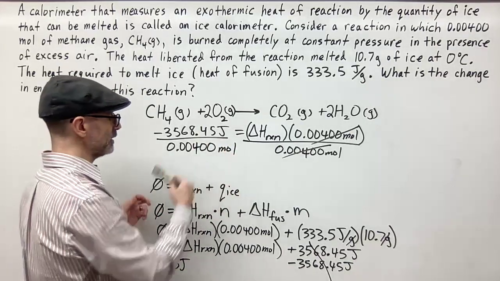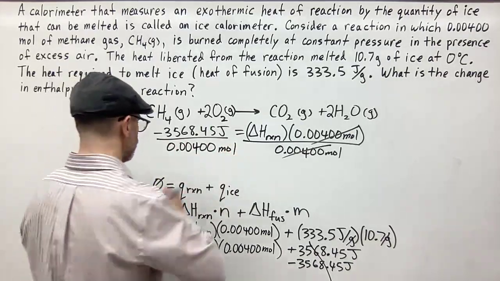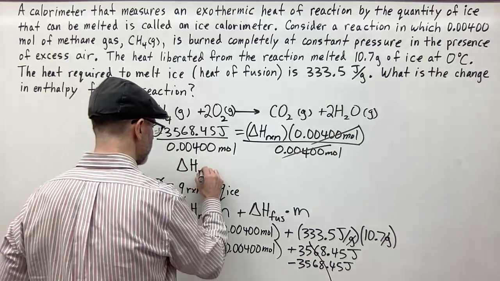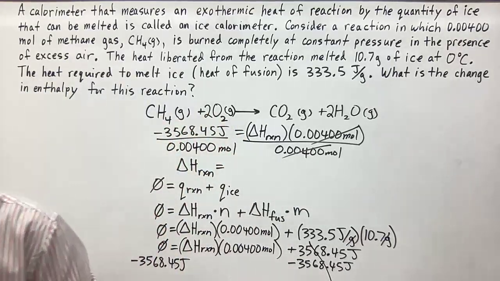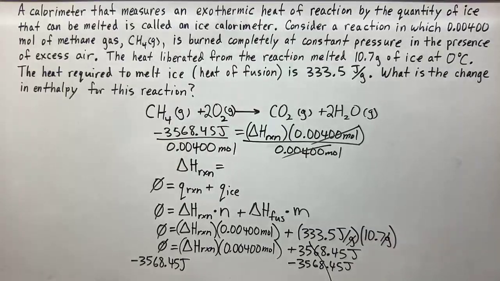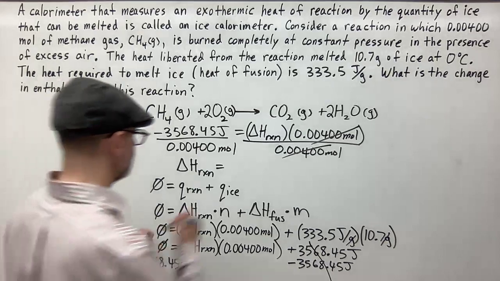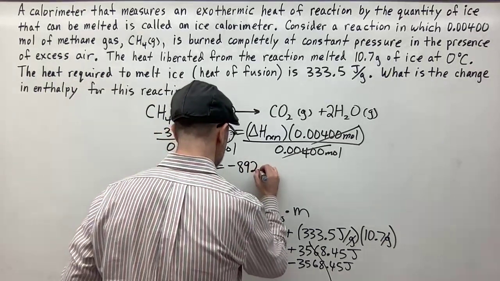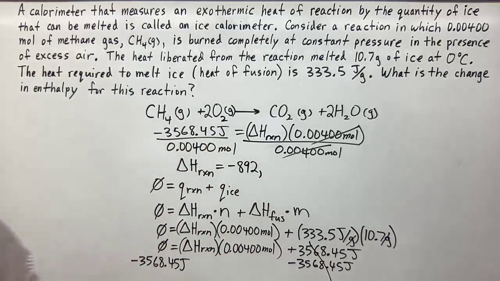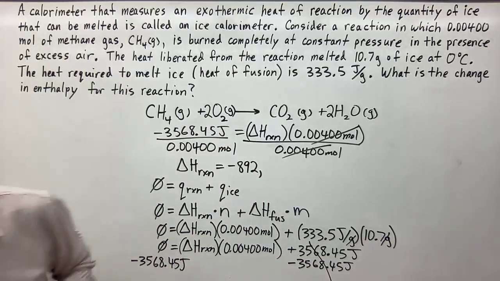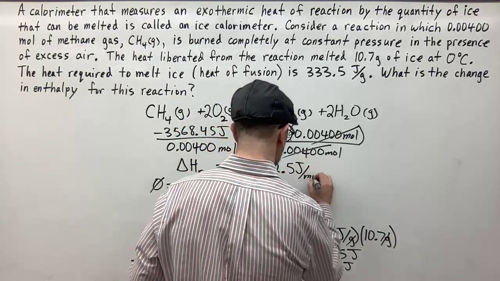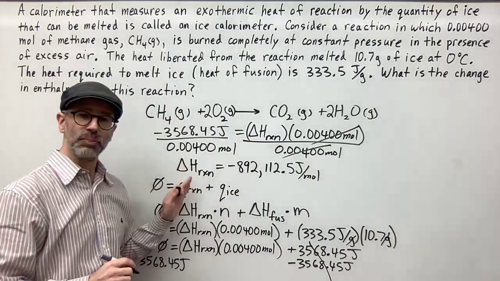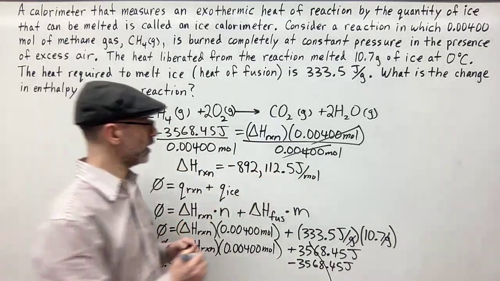So now when I divide this, I'll get the delta H. So delta H of the reaction, the combustion of methane, is going to be equal to this, which is negative 892,112.5 joules per mole.